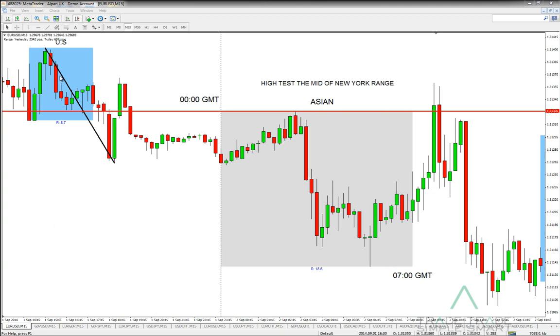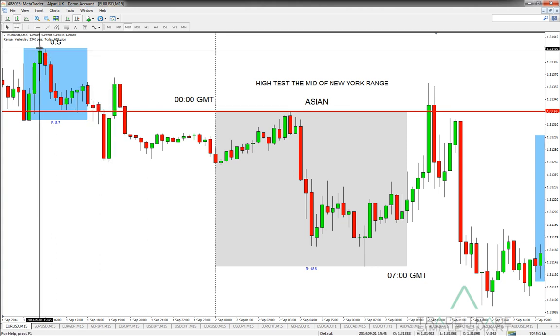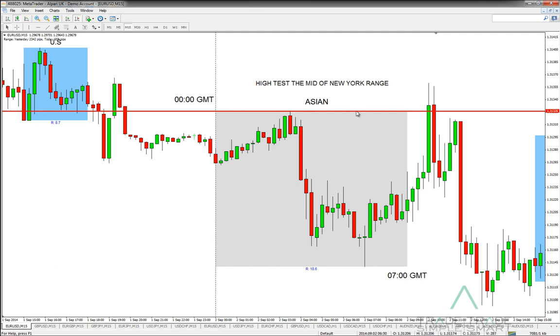Okay, because if we measure the distance between the previous day's US high and low, we get a range of 13.8, so we say about 14 if we round it up. And if we move the cursor and we put it in line with the high of the Asian range, we can see that we are 7.5 pips into the range. So a very common occurrence, and it's something that you would see on a day-to-day basis.